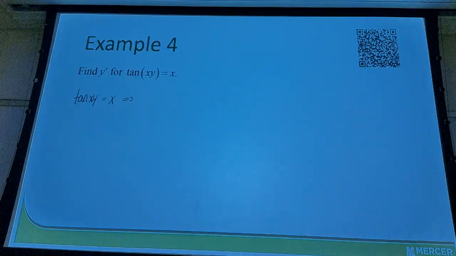What kind of function do we have? You know, chain. What is the tangent rule? Secant squared of xy. I'm trying to memorize it.